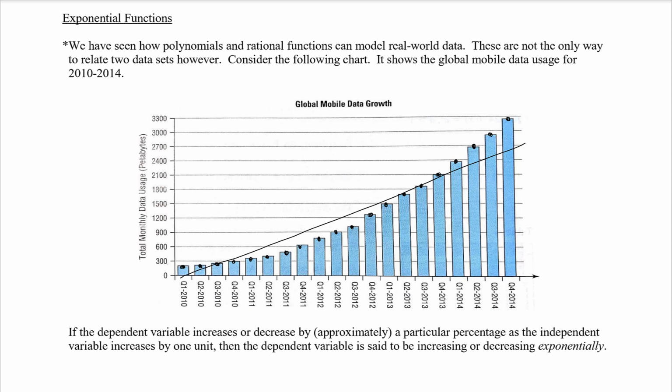That's what a linear function does for us. It shows a constant rate of change. But in this case, it probably was not constant. It looks like as the years went on from 2010 to 2014, the mobile data usage increased, but it didn't increase at a constant rate. Instead, it looks a little more like this shape here.